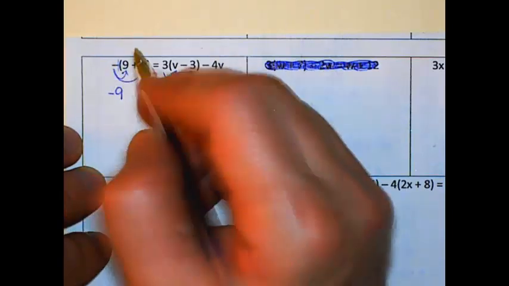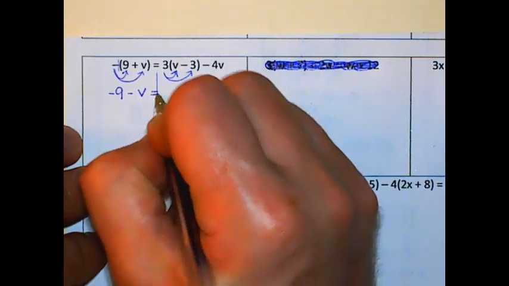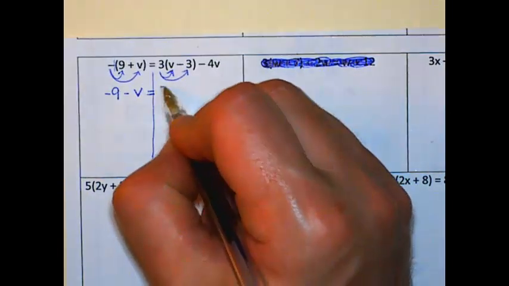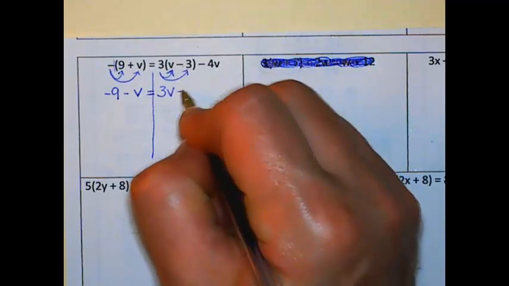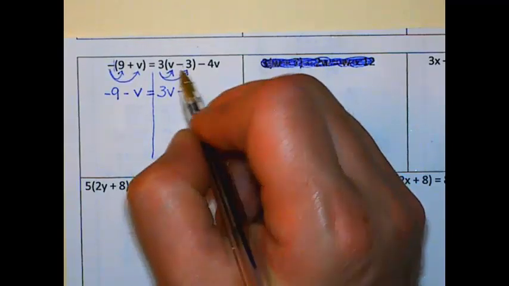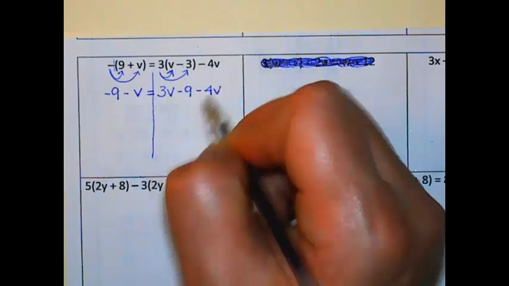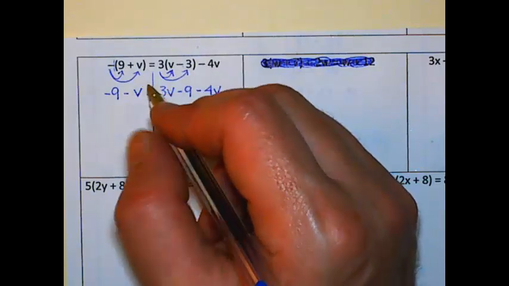Negative 1 times v is negative 1v, or negative v. Then on this side I have 3 times v is 3v. 3 times negative 3 is negative 9. And then you're just going to bring down the negative 4v. Once you eliminate parentheses, you're going to combine like terms.